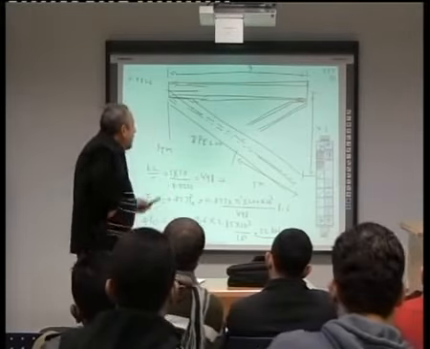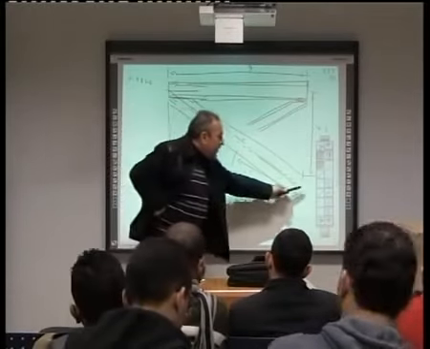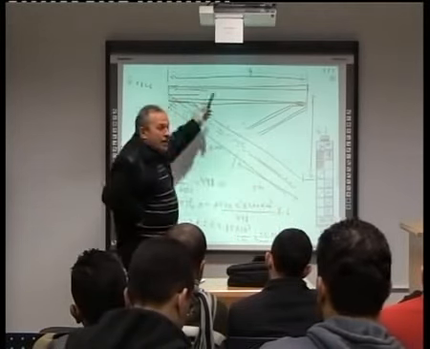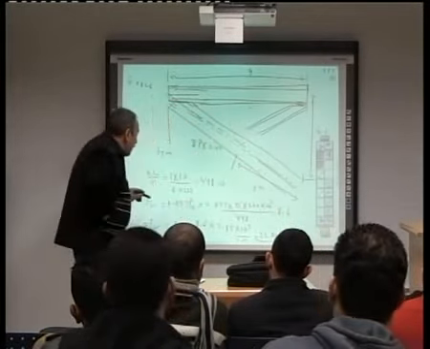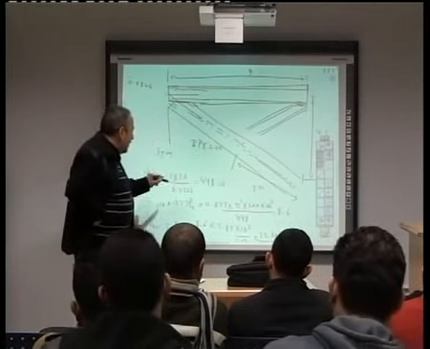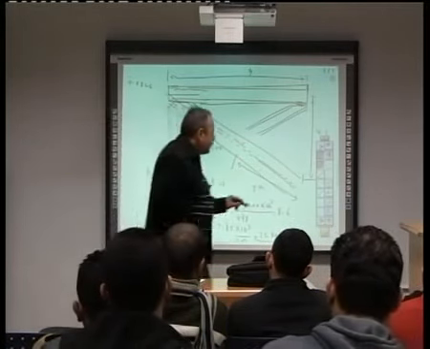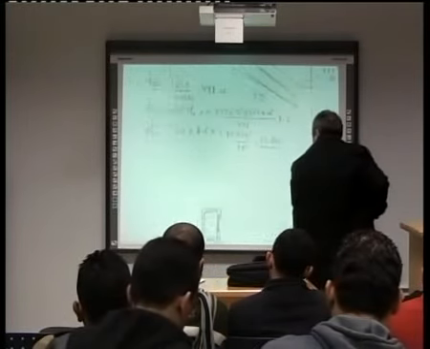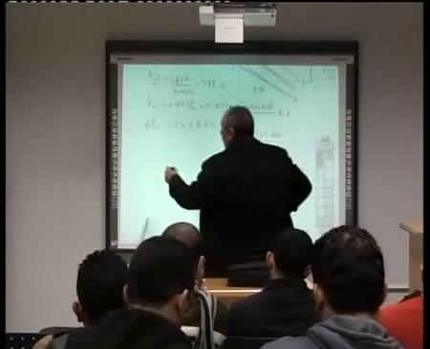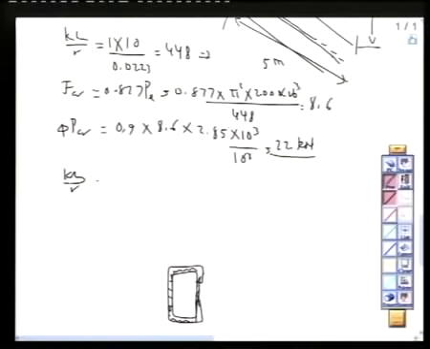Now, we are making the long member, if it's going to buckle in the long member direction, it will buckle along the strong axis. So KL over r will be 1 multiplied by 10 divided by 0.086, and this will be 121.